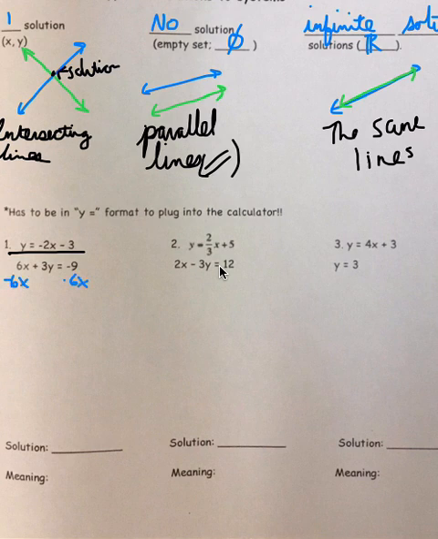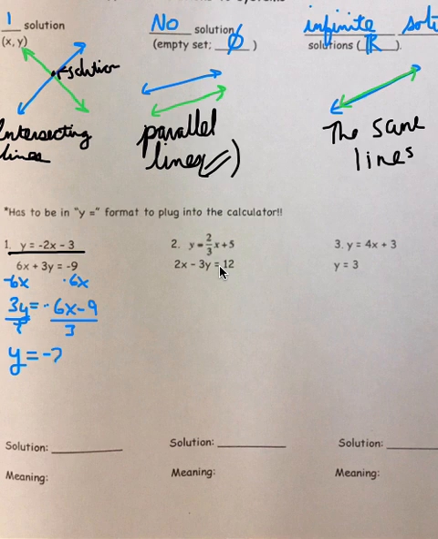Subtract 6x from both sides. So I have 3y equals negative 6x minus 9. So now I need to divide everything by 3. So I have y equals negative 6x divided by 3 is negative 2x. Negative 9 divided by 3 is minus 3.